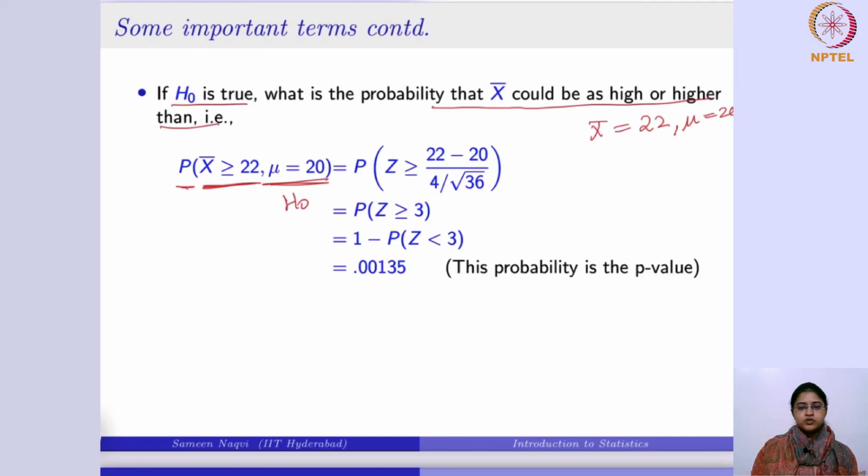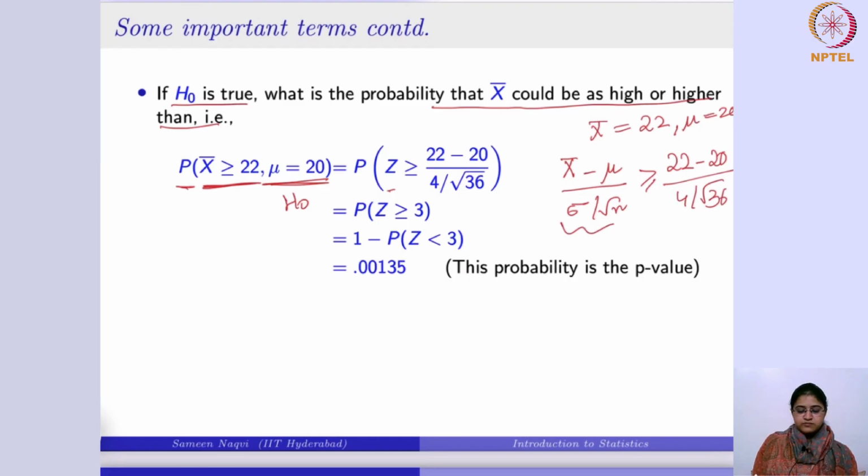Now you know that you can standardize that. You subtract mu from x bar, divided by sigma by root n. This would be z. So in this case, x bar is 22, minus 20, over sigma, which is 4, given to you, and n is 36.